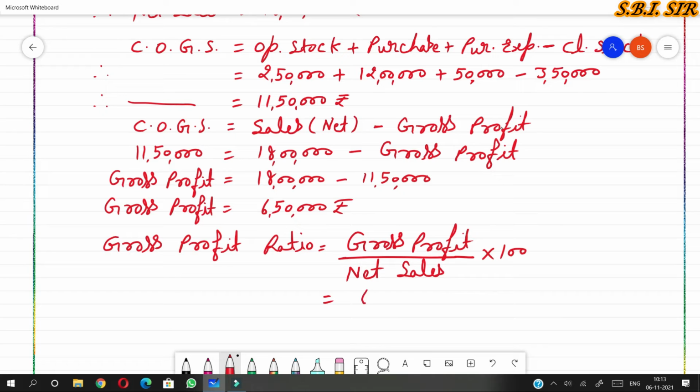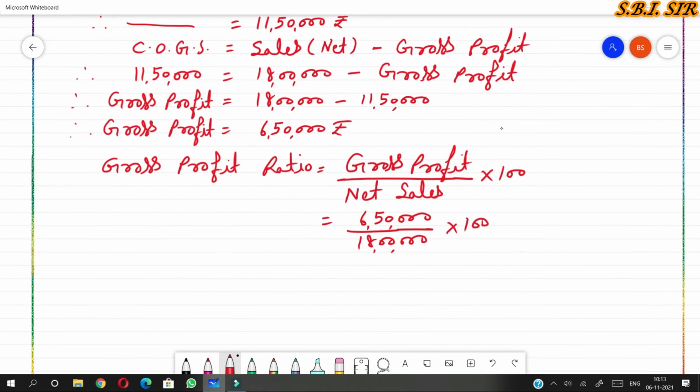Gross profit is 6,50,000 divided by net sales of 18 lakh, multiplied by 100. 6,50,000 multiplied by 100 divided by 18 lakh equals 36.11%. This one is our final answer for gross profit ratio.